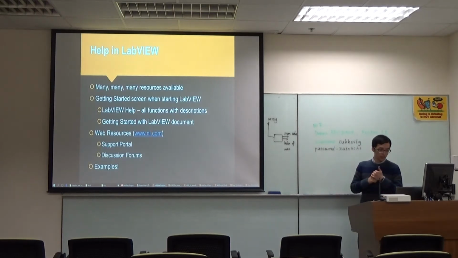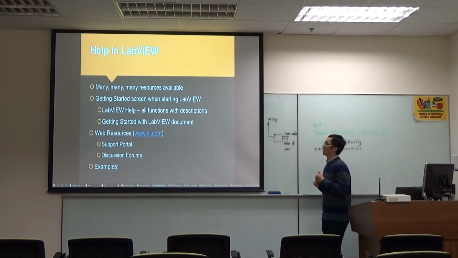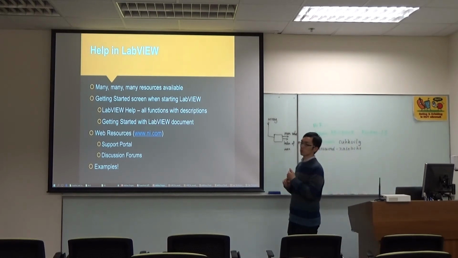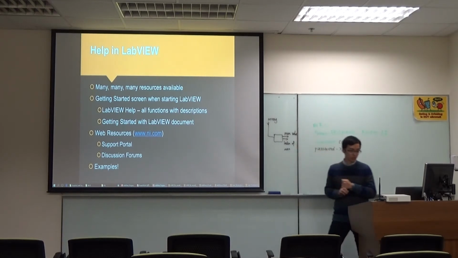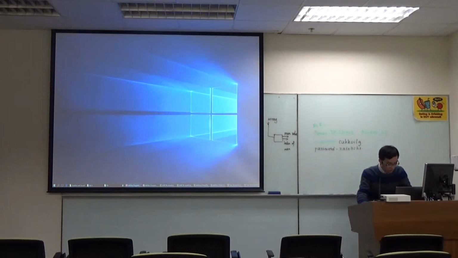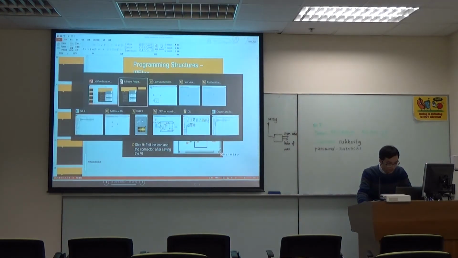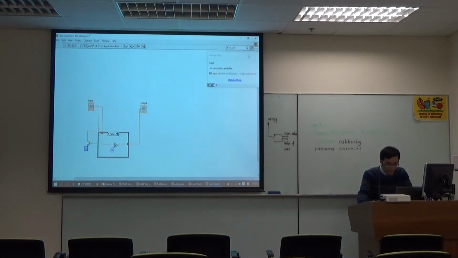And how about the documentation of the function? They provide many kinds of resources you can use. And in LabView, they also provide a help function you can use for your programming. Here, I have already clicked this button. They have a context help. What can it help with?